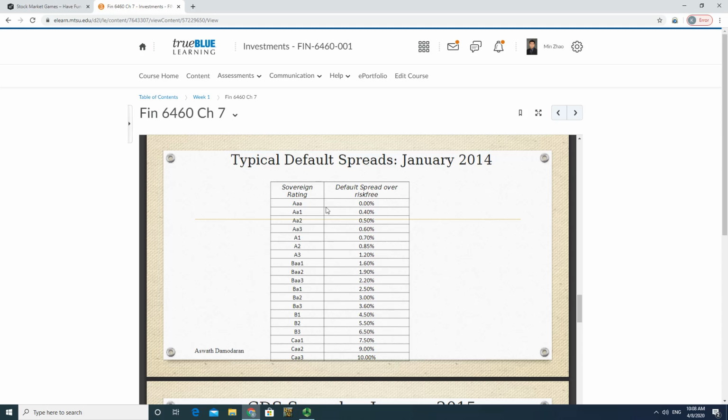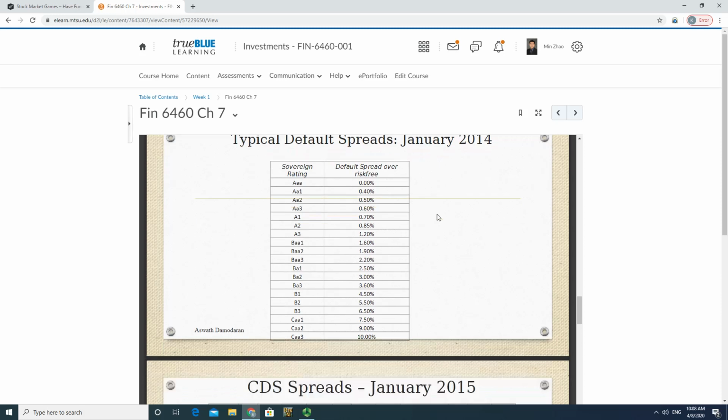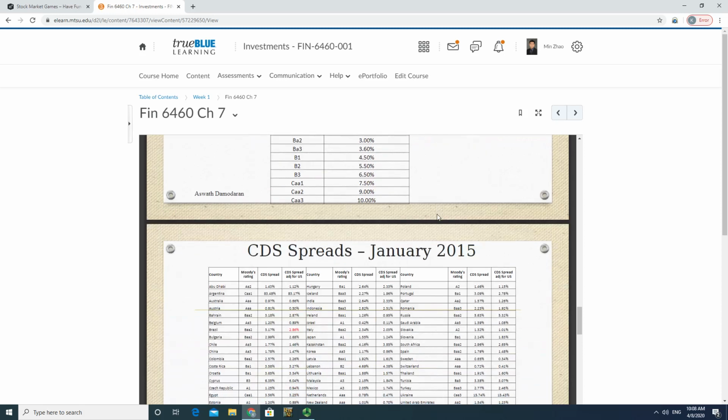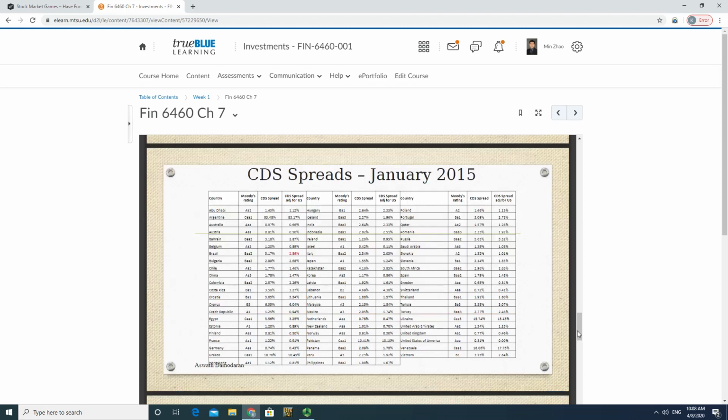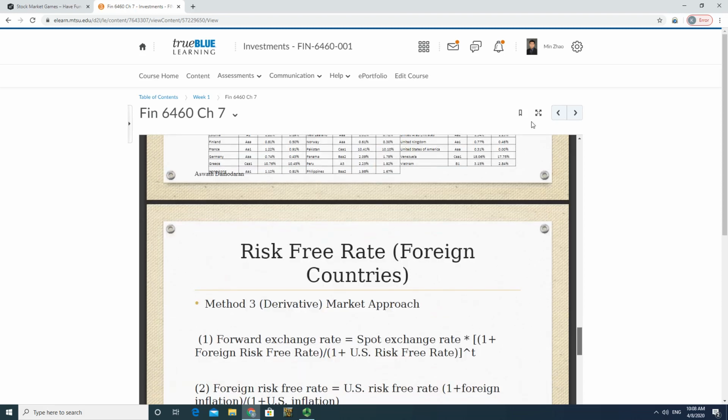And for Aaa, it is 0%. So the worse the credit rating, the higher the default spread. And this table shows you the CDS spreads in 2015 in many different countries.